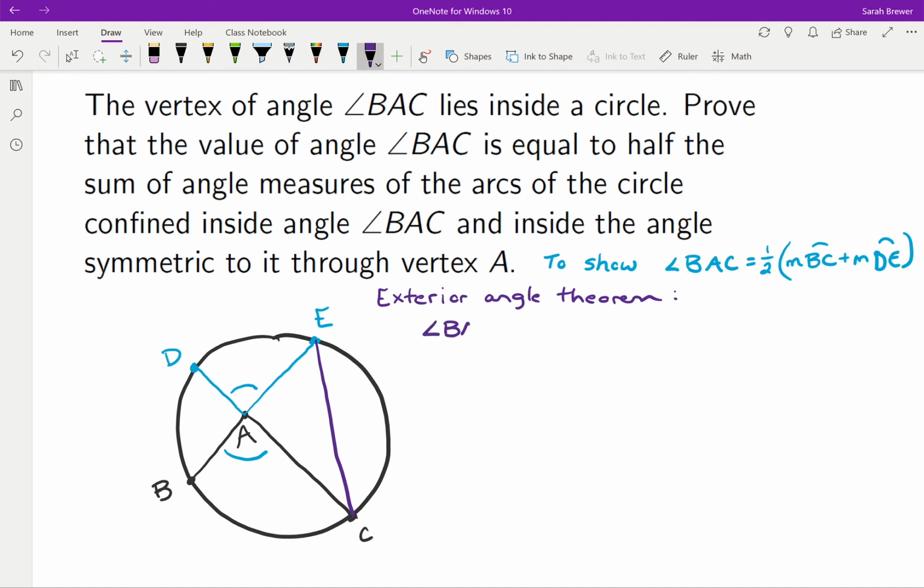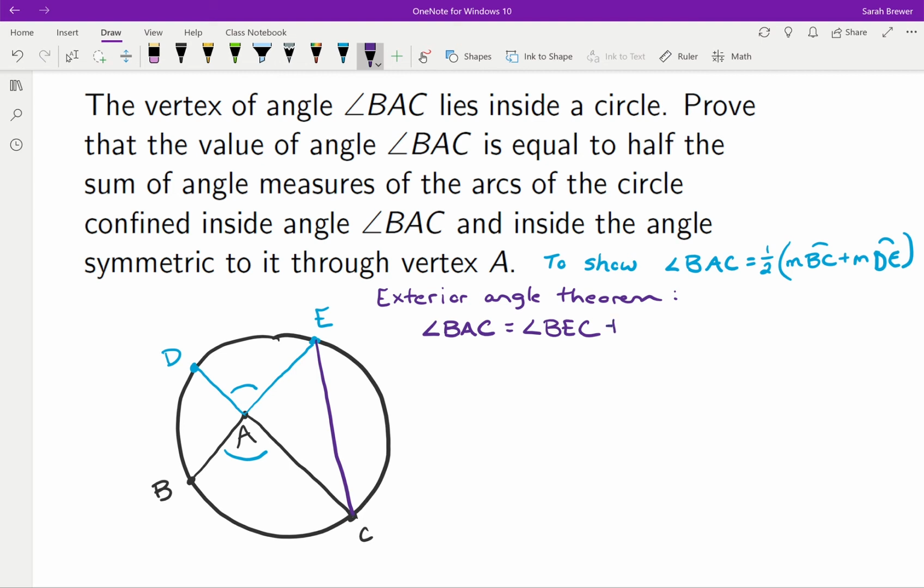So basically what that tells us is that angle BAC, which is our exterior angle, is equal to the sum of this angle at vertex E, which I'm going to call angle BEC. I could call it AEC also, but I want to call it BEC here.